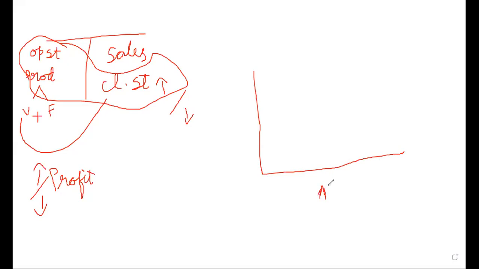So the activity level is mentioned on the x-axis, and on the y-axis, if you are talking about the cost, there is a cost, fixed cost, which is fixed till it reaches the maximum capacity. This is the maximum highest capacity. Until this, we see that the fixed cost is the same.